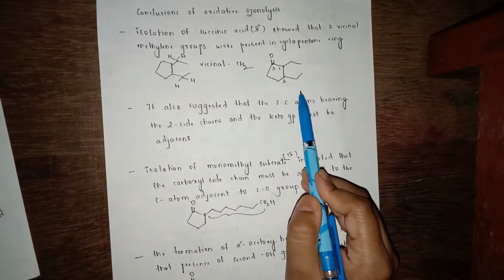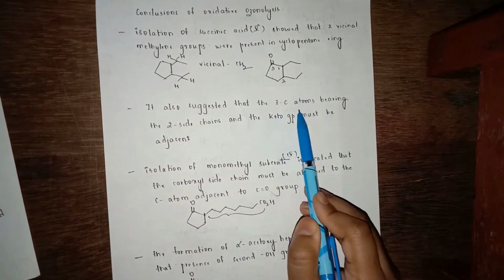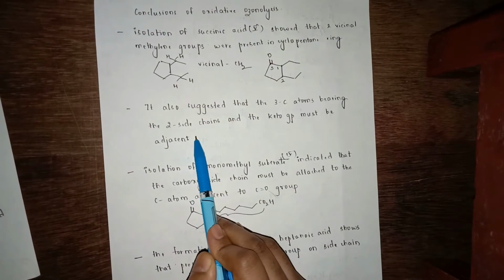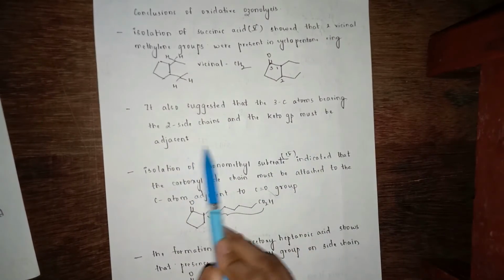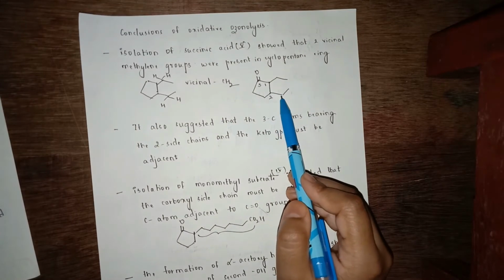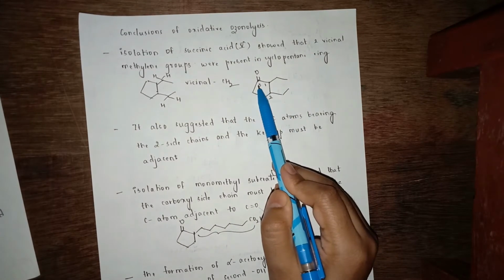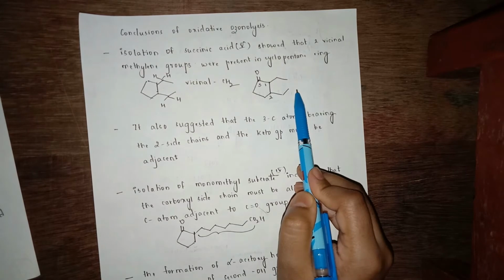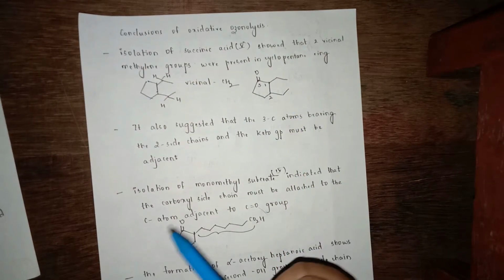This also suggested that the 3 carbon atoms bearing the 2 side chains and the keto group must be adjacent.